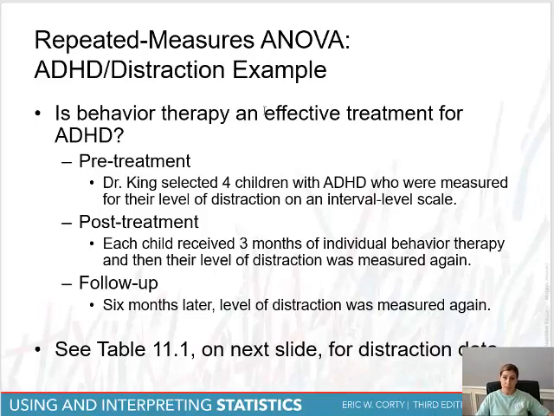They select 4 kids who have ADHD, and they measure them at 3 different time points, the same children 3 different times. First at pre-treatment, so this is their baseline level of distractibility. Then at post-treatment, so this is following 3 months of behavioral intervention with this therapist. And then again at follow-up, and this is after their behavioral intervention, but 6 months following that. So the idea is, does behavioral intervention, number 1, work? And number 2, is it effective long-term?